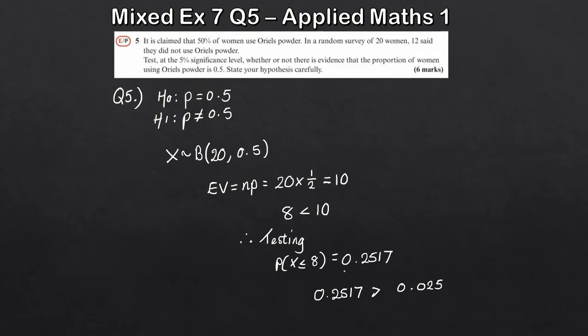So in that case, when this is bigger, we accept H0. No evidence or insufficient evidence at 5% significance level to suggest the claim is incorrect.